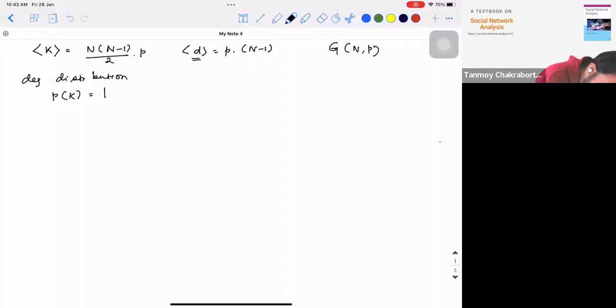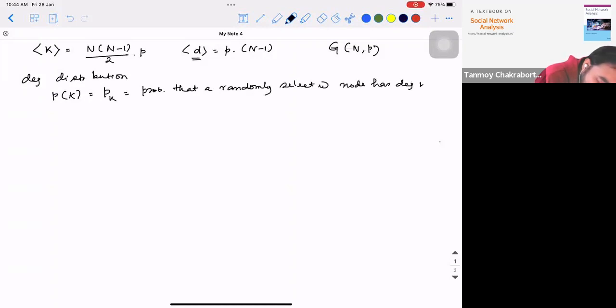We have already seen this notation. pk is the probability that a randomly selected node has degree k. Please remember, this is small k and this is capital K. Capital K is the number of edges, and small k is a degree.